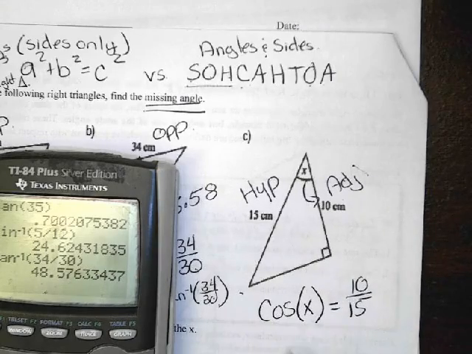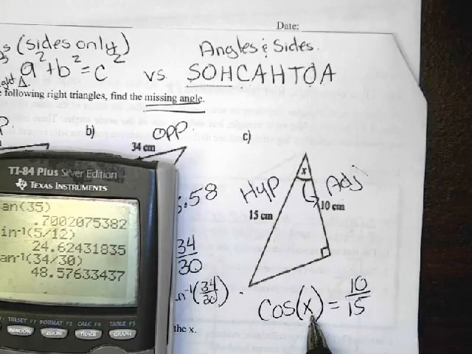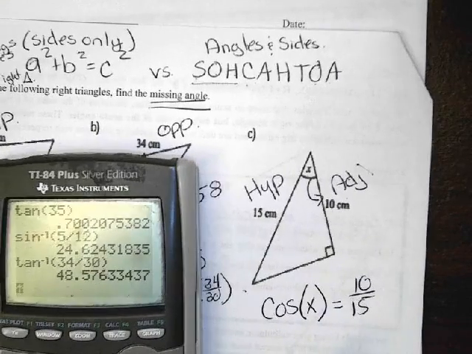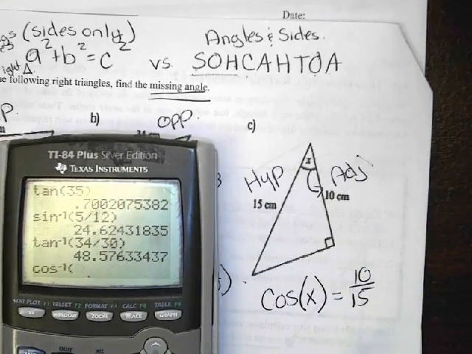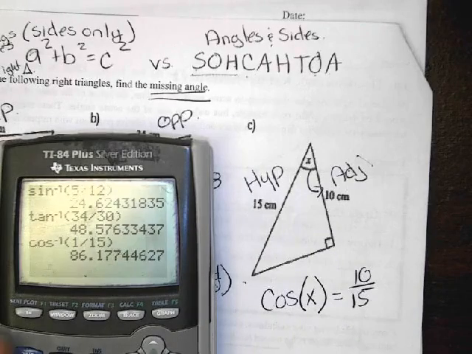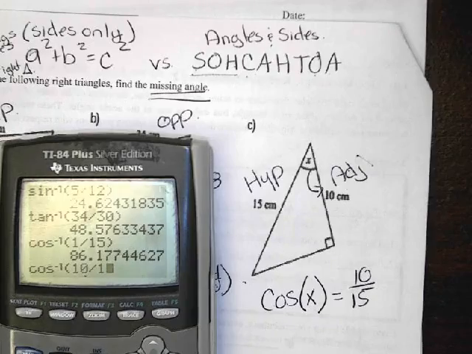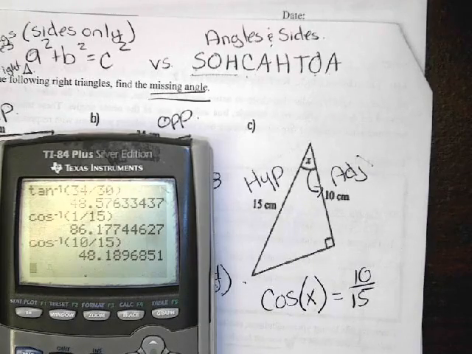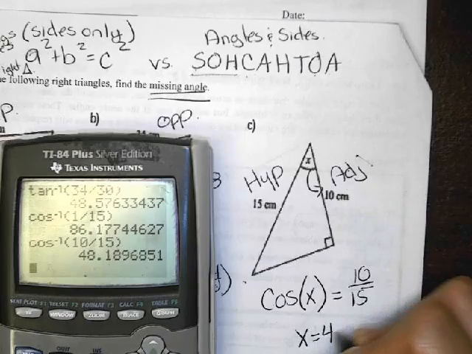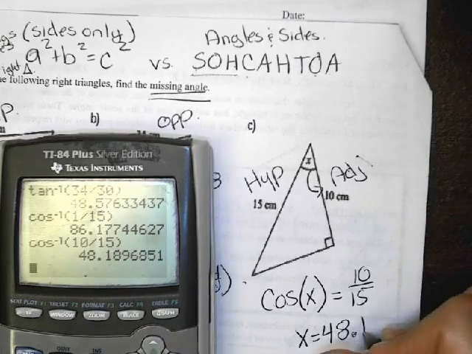Again, you can't stick cosine of x in the calculator, so this is where you would do second cosine. So that was my second one to confirm, 48.19.